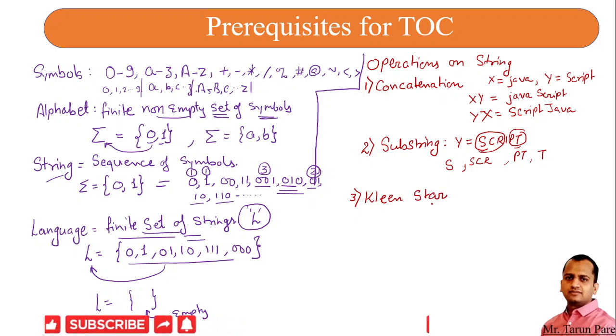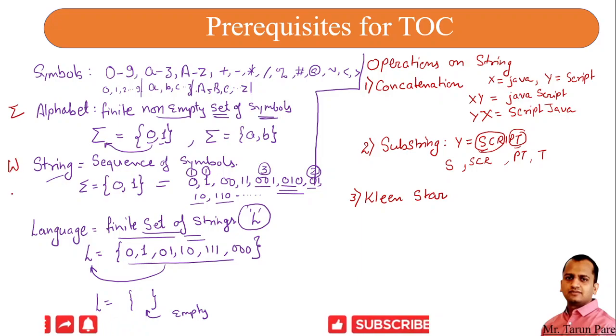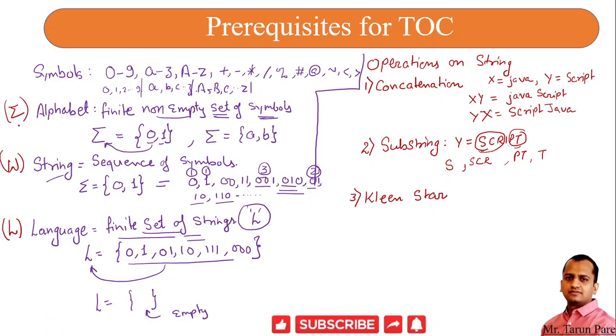See how we represent the symbols. We represent the alphabets by sigma, we represent the string by w, and we represent the language by L. This is how we represent the different terminologies.